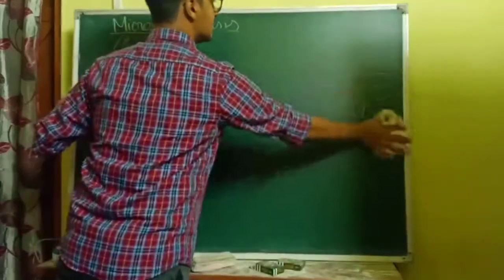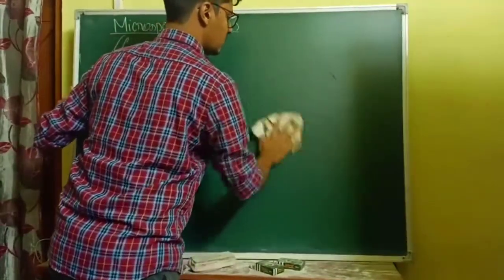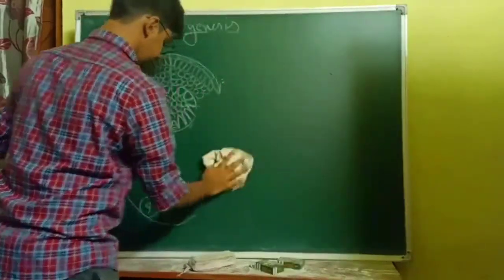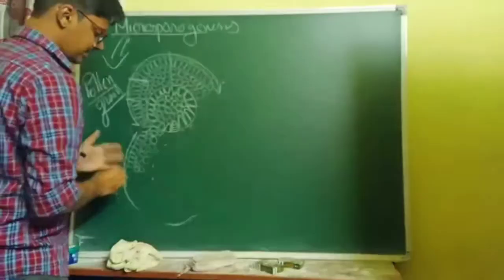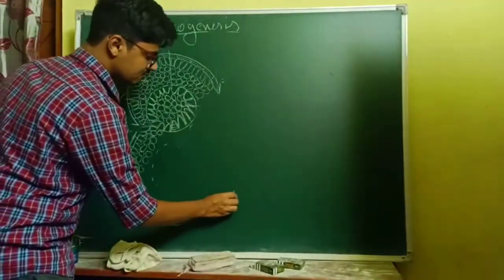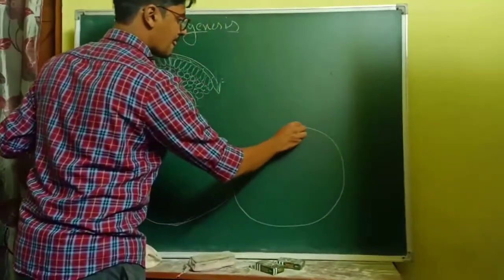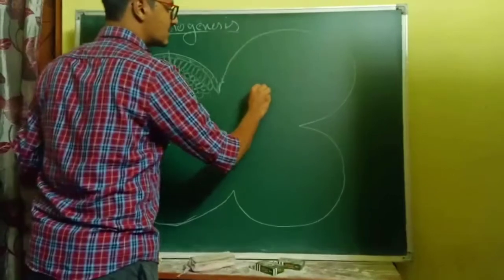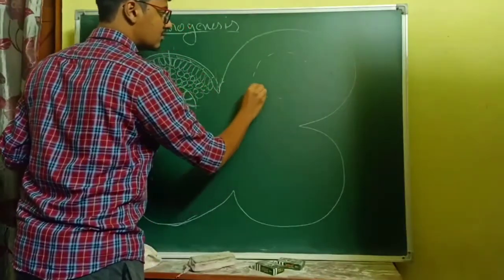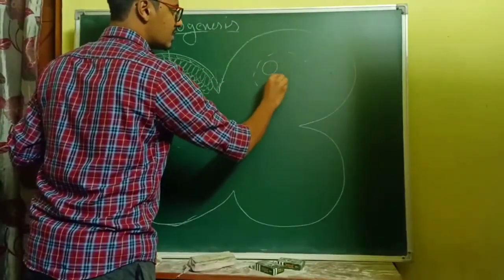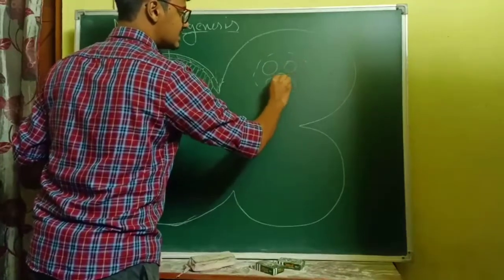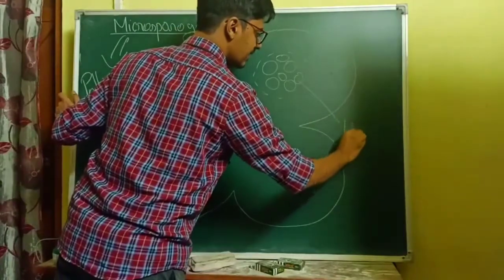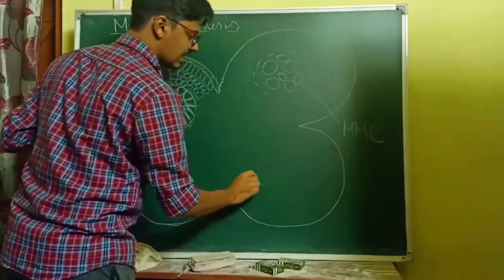Let's see the complete picture now. After that, one function of the tapetum is left; we will discuss that also. In this stage, we are able to see some space between the cells, and these cells we started calling MMC, microspore mother cells.